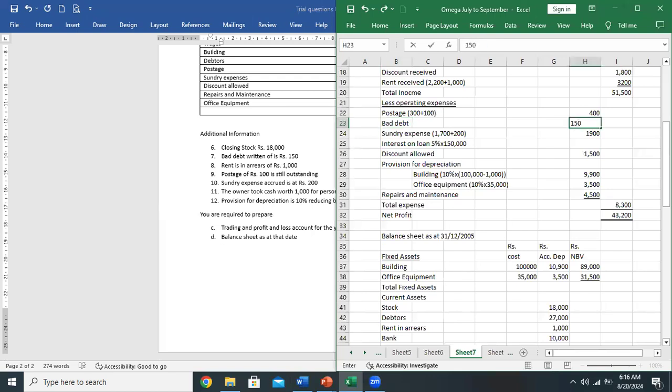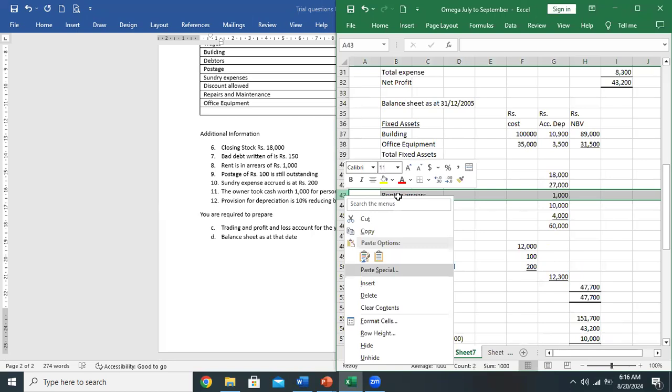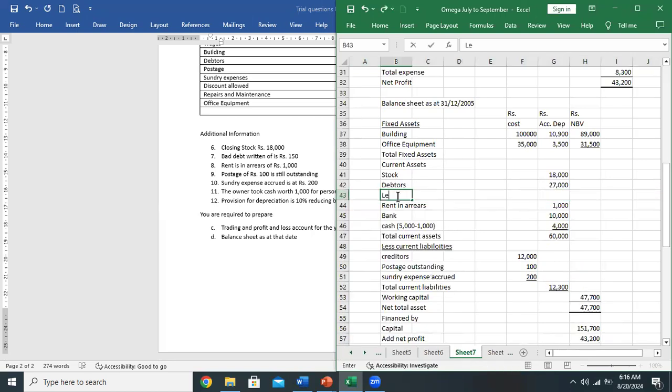And then when you come to the balance sheet, immediately you put in your debtors, you indicate less bad debt. So at that point, you can bring your debtors figure to the first column, and then you less the bad debt from it, 150. And whatever you get becomes the net debtors balance.